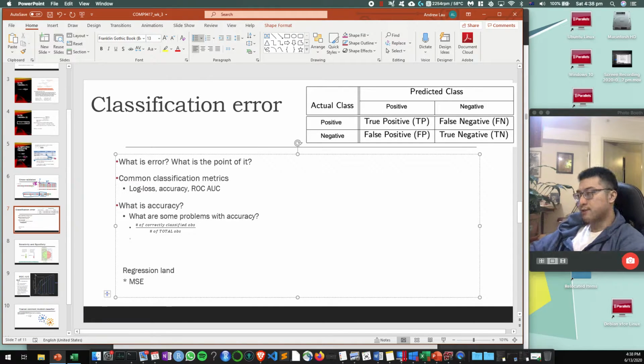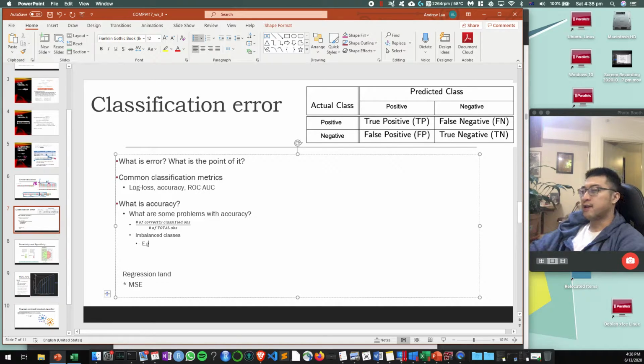The weakness here is with what's called imbalanced classes. An imbalanced class is like if you have, say, the +1 class making up maybe 99% of the data, and the -1 class making up, say, 1% of the data. Let me illustrate why this is not great using accuracy.